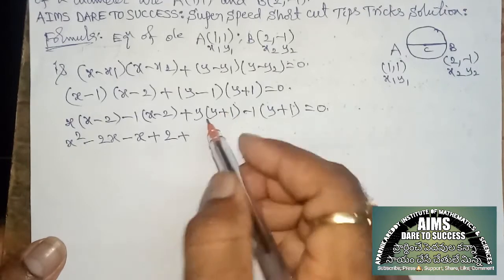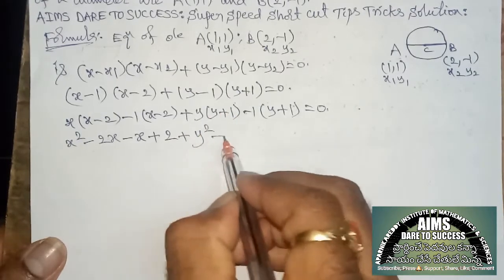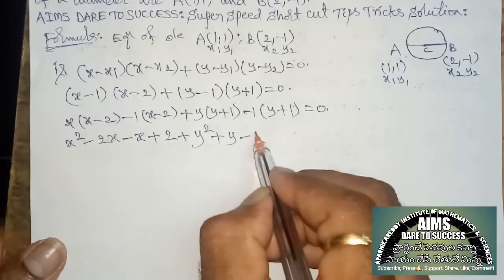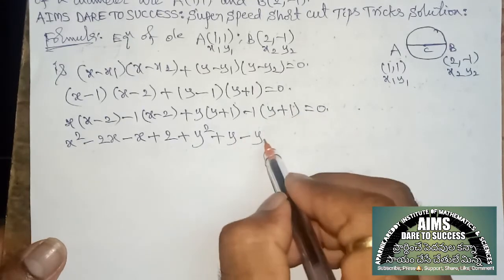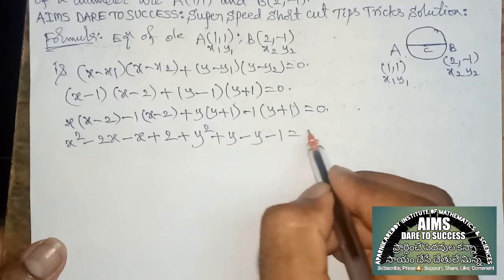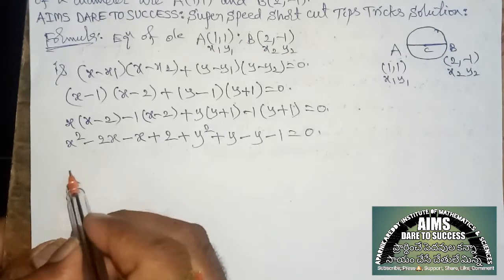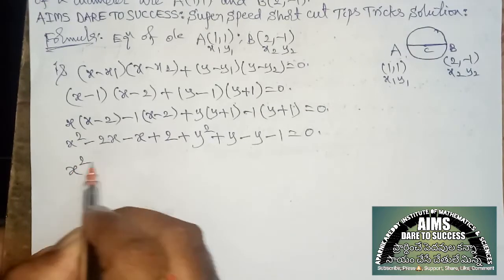After that, multiply y inside: y into y is y square, plus 1 into y is y, minus into plus is minus, 1 into y is minus y, minus into plus is minus, 1 ones are 1, is equal to 0.